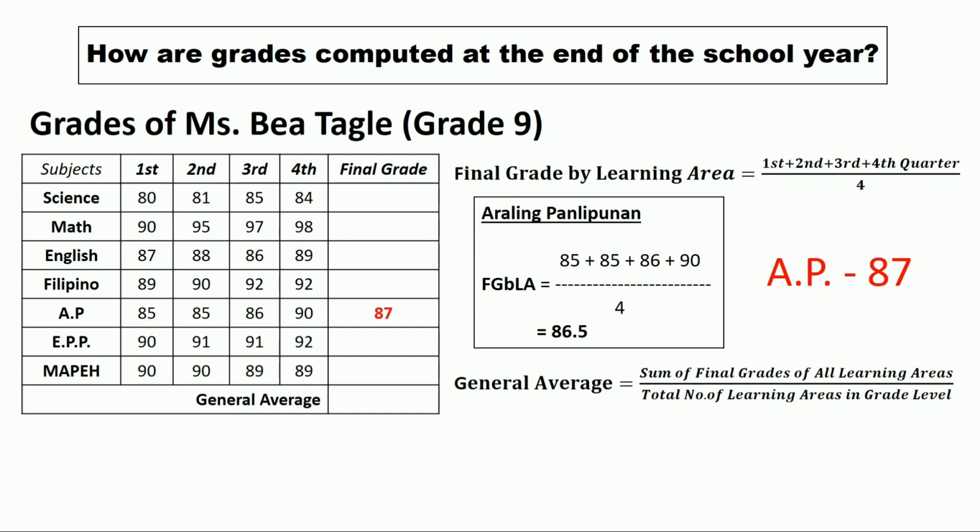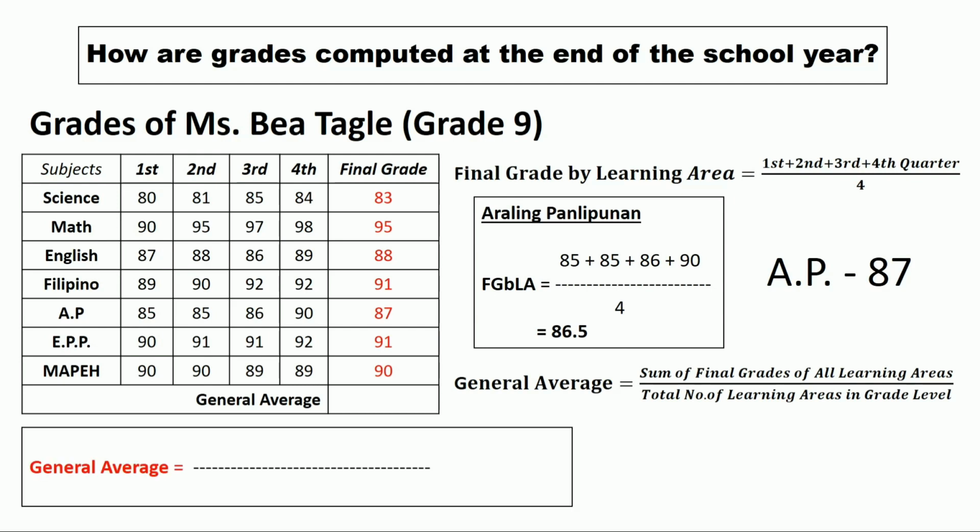Once we apply this computation process in all the subjects, we are able to get these final grades in each learning area. When the final grades are all done, we can now compute for the general average.